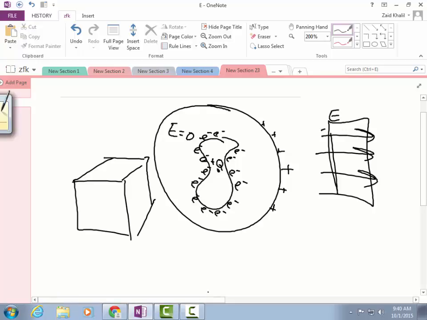The electrons are going to pile up here, inside this material, and the positive ions are going to pile up here. But what is that going to do? It's going to induce a field in the opposite direction in the material. It's going to continue happening until that field cancels out the external field.